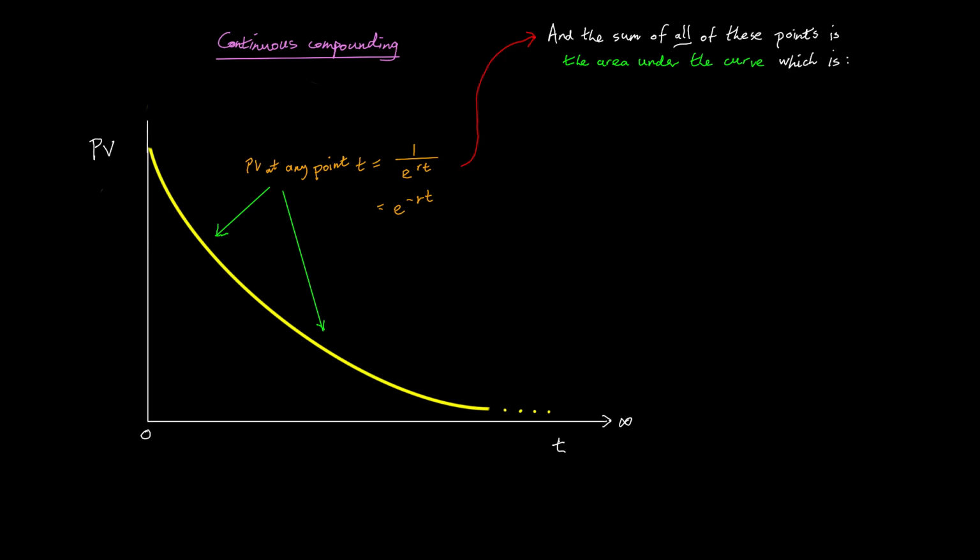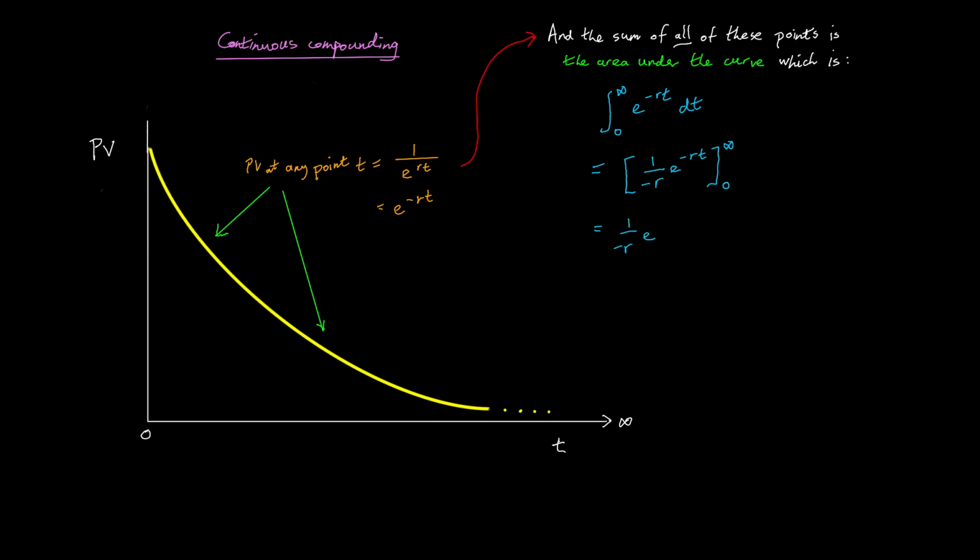It is the integral of e to the minus rt from 0 to infinity with respect to t. That integral resolves to 1 divided by minus r times e to the minus rt, and we evaluate that from 0 to infinity.